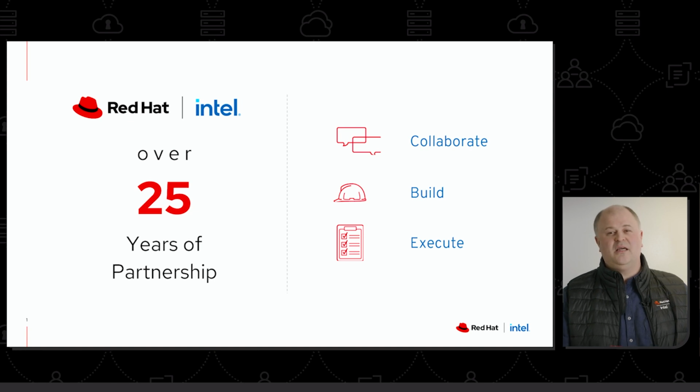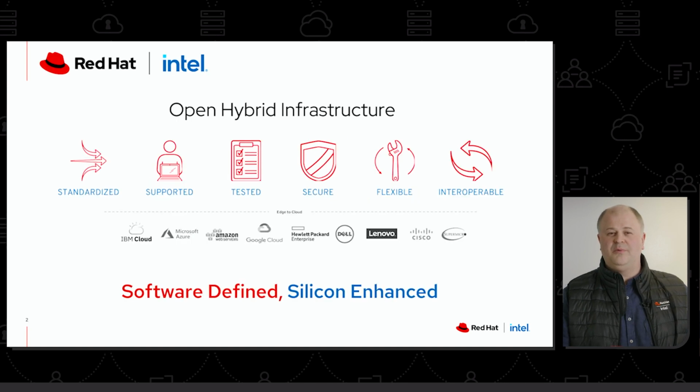Red Hat and Intel have a long track record of delivering joint market-ready solutions to many industries and enterprises. Red Hat and Intel are the beating heart of the open source ecosystem. Our joint solutions are built on open platforms with enterprise-grade open source software and x86 architecture from edge to cloud.